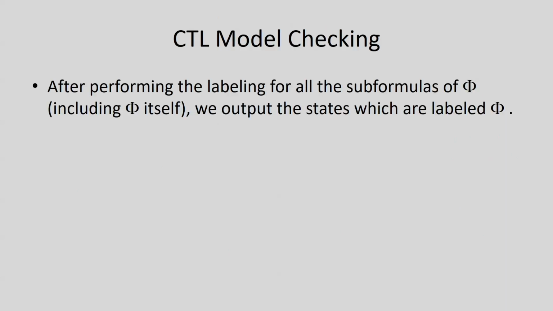Now, after performing the labeling for all subformulas of phi including phi itself, we output the states where phi is true. We have already discussed that if my phi is given as AG AFP, then this is one subformula, AFP is another subformula, and this is the given formula.